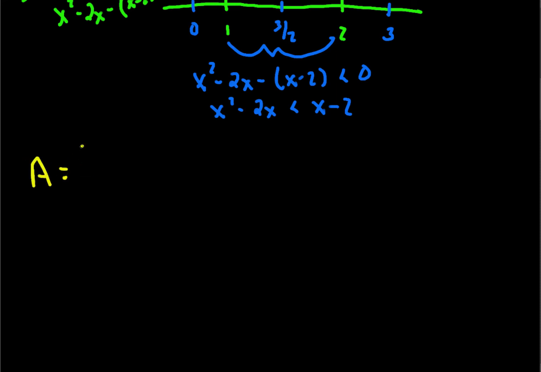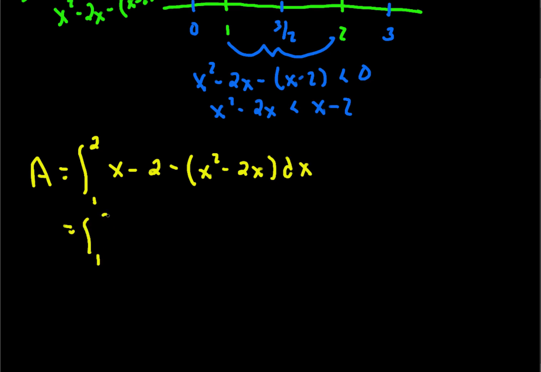So then the area will be the integral between 1 and 2 of x minus 2 minus the quantity x squared minus 2x with respect to x, which is equal to the integral from 1 to 2 of 3x minus 2 minus x squared with respect to x.